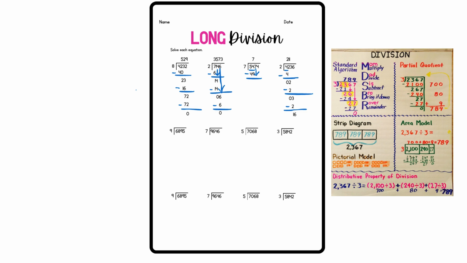And that's how we get 72. 8 will fit into 72 9 times because 8 times 9 equals 72. When we subtract, we get 0, and our final answer is 529. Let's move on to the next one.